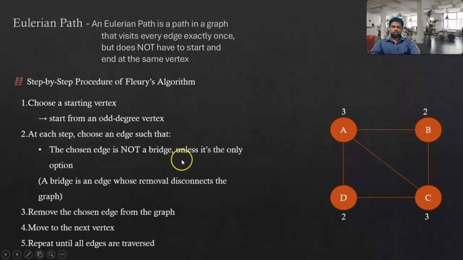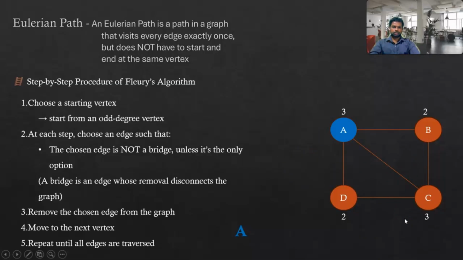The second step is, at each step, choose an edge such that the chosen edge is not a bridge unless it's the only option. A bridge is an edge whose removal disconnects the graph. If we are starting from A, we can go either to B or to D or to C. If we go to B and we delete this edge, we still have a connected graph connecting all vertices.